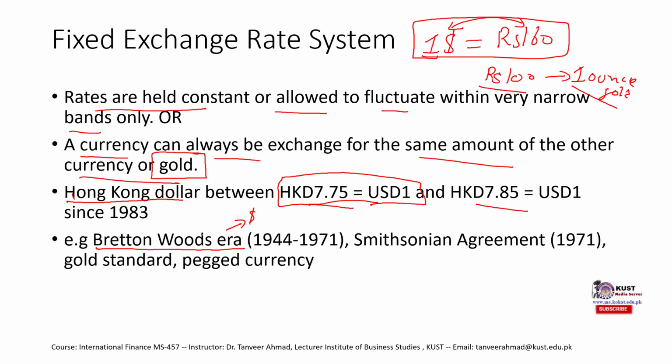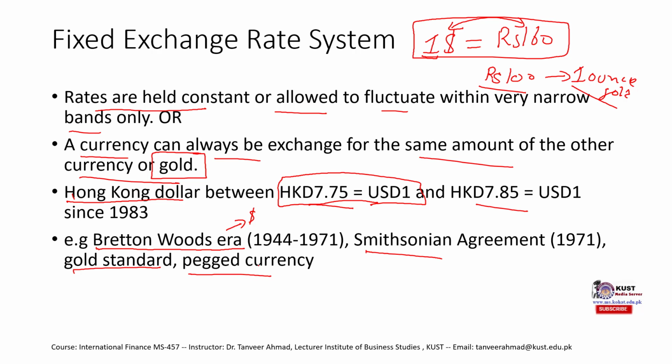We would explore this in detail in later videos, but for now just keep in mind that this Bretton Woods system is a fixed exchange rate system. Similarly, there is the Smithsonian Agreement, and then there is a standard called the gold standard, which we are going to explore in our next video.